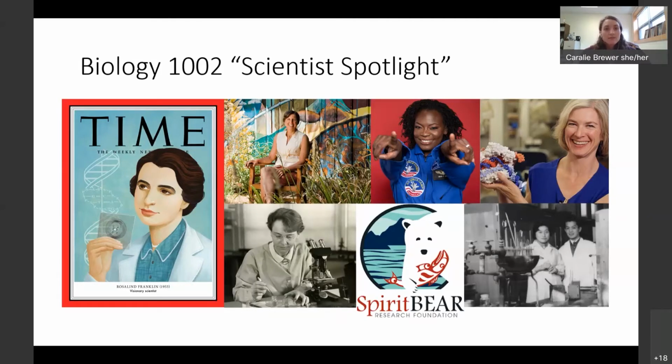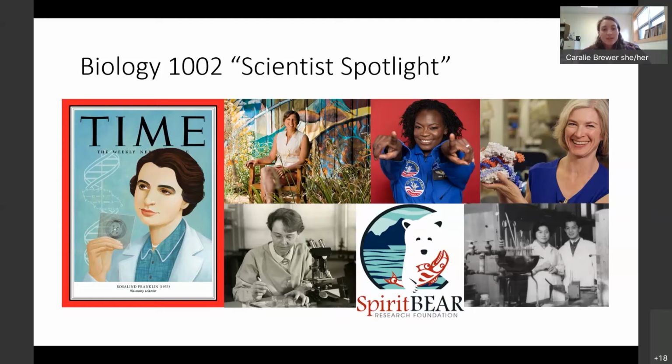She's on the upper left. In the middle, Raven Baxter, who's a microbiologist and science communicator that has some really great ways of communicating these concepts. And Jennifer Doudna, who's on the far upper right, she helped create CRISPR.